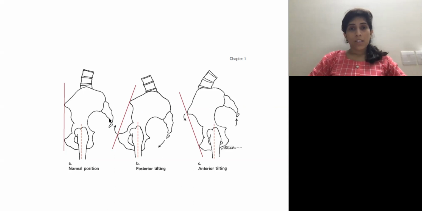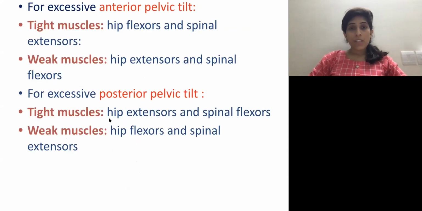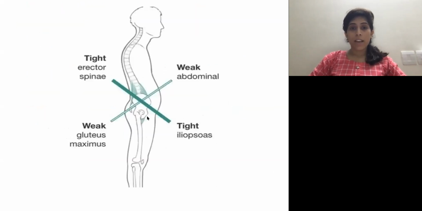Which muscles are responsible for this abnormal anterior and posterior pelvic tilt? We'll see with this diagram. Here this dark line is indicating the tight muscle.